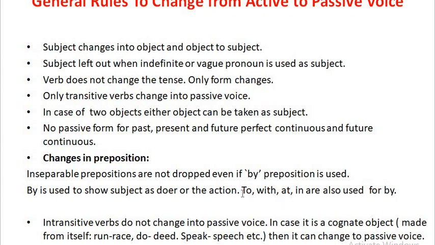So remember in prepositions, one preposition is by. As far as changes in preposition is concerned, some prepositions are inseparable. So even if you change from active voice to passive voice, you have to keep those prepositions with it, even if you use by also.